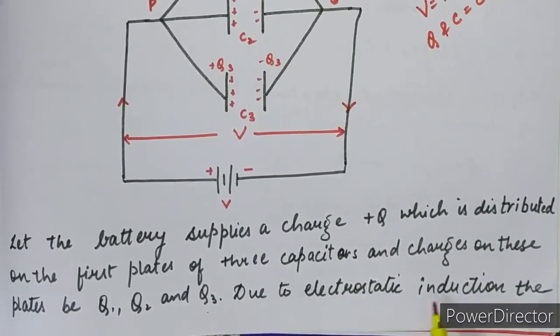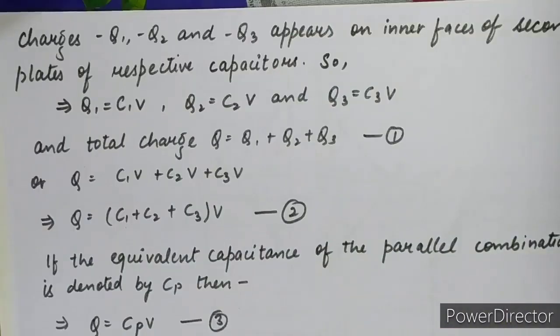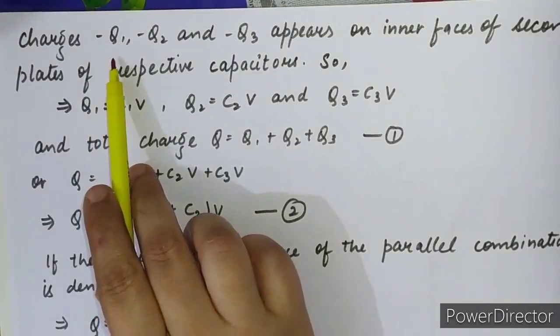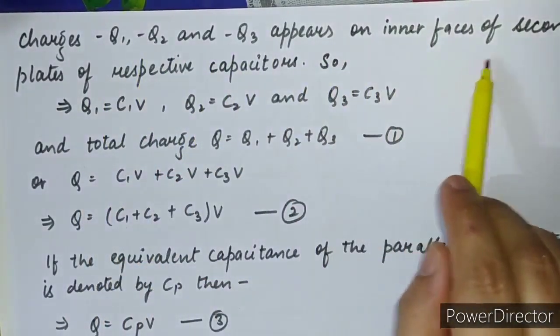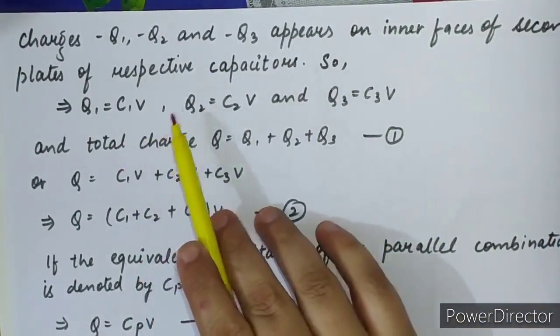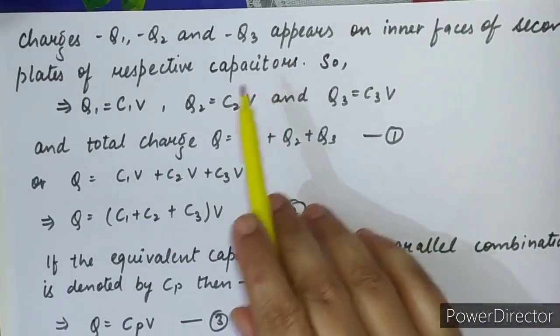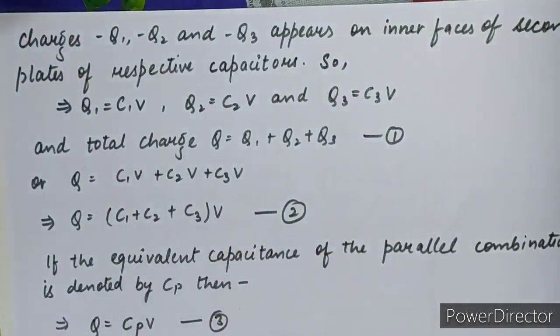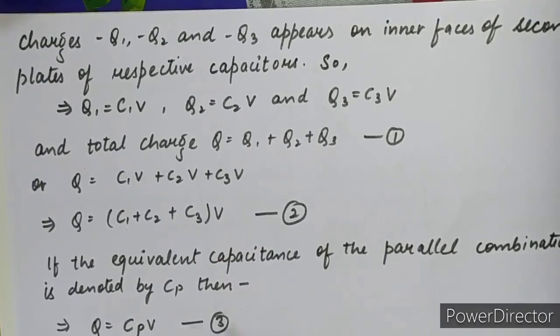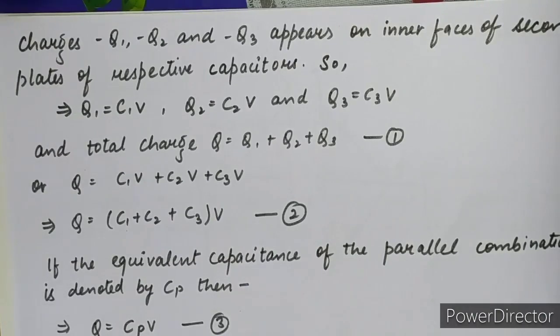Due to electrostatic induction, the charges minus Q1, minus Q2 and minus Q3 appear on the inner faces of the second plates of the respective capacitors, as I told you in the construction of a parallel plate capacitor. So both plates of a parallel plate capacitor have charges plus Q and minus Q.